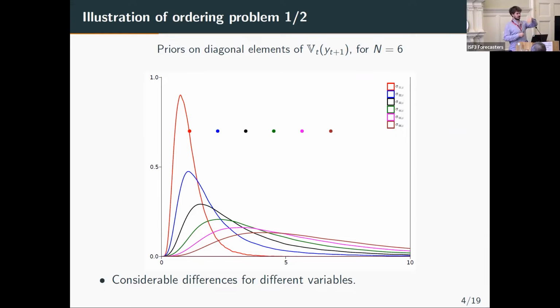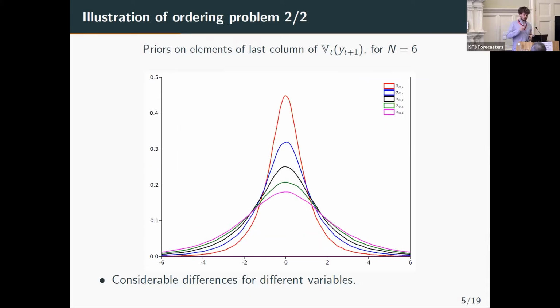Okay, so the points are the means of these distributions. The further you go down in this ordering, the higher is the mean that you impose, and also the wider is the variance of this prior. And a similar picture emerges if you look not at the diagonal elements, but at some of the off-diagonal elements. What we're showing here is the last column of a variance covariance matrix, meaning the covariances of element 6 with all the others.